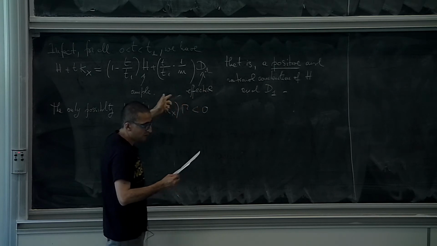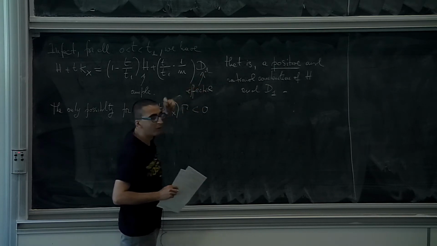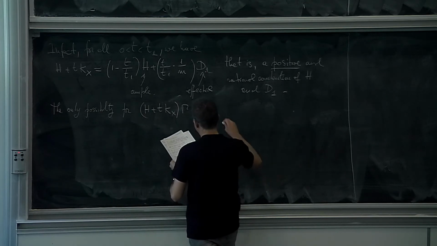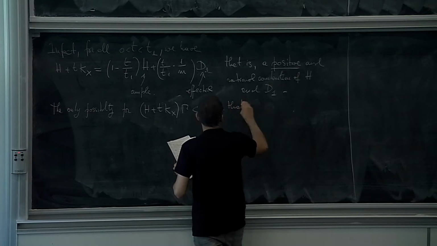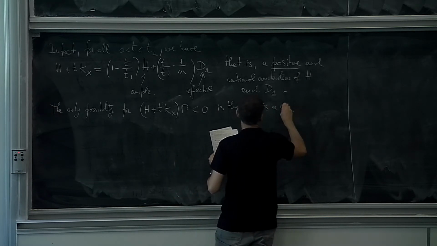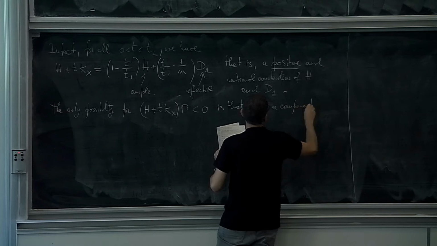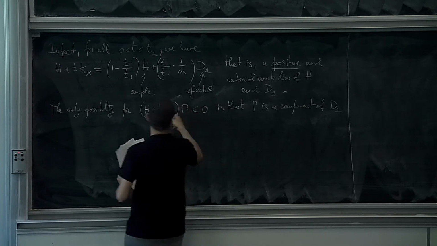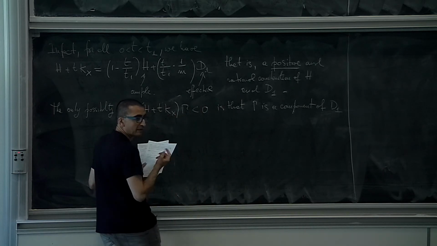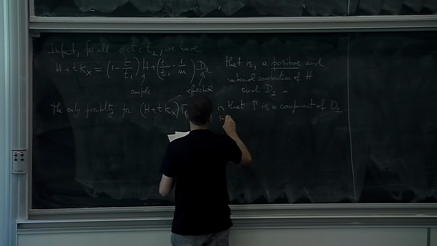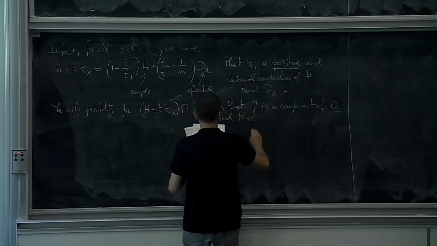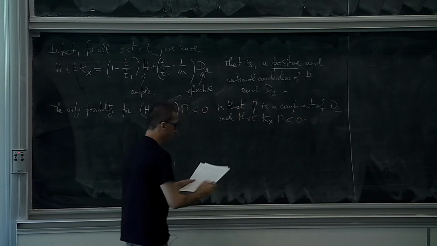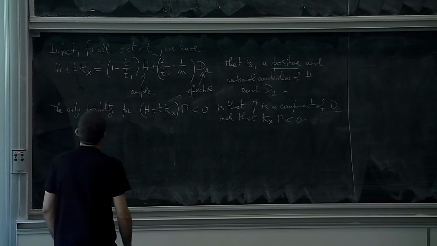In other words, this means that gamma is a component of D1. It must be a component which intersects the canonical class negatively, such that KX·gamma is less than 0. Okay, and so this is step 1.